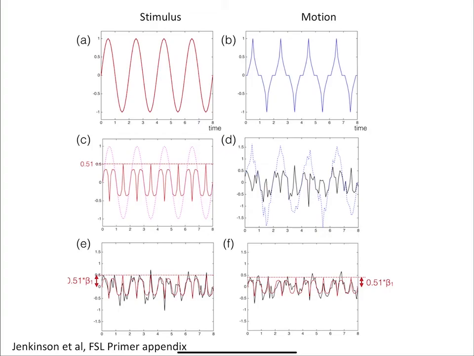Now let's take a more severe case where the stimulus and the motion are more correlated. This is my data before I take out my motion, and this is the data after. You can see that because the motion can explain a lot of that up-down behavior, I'm not really left over with very much.